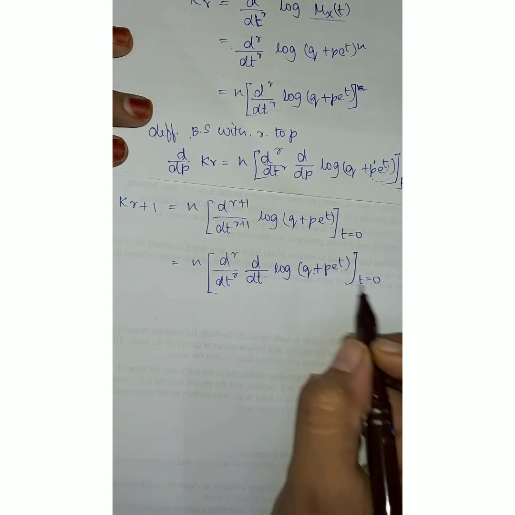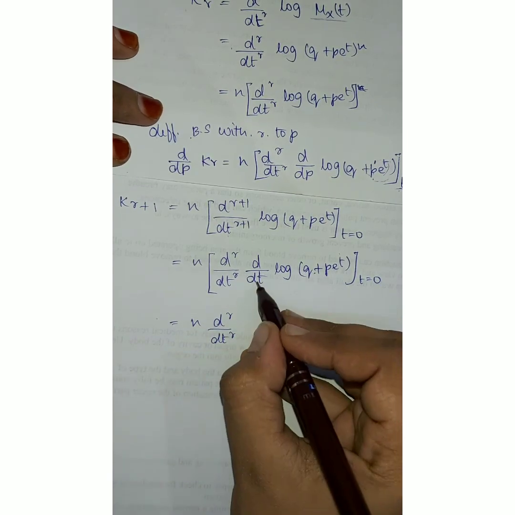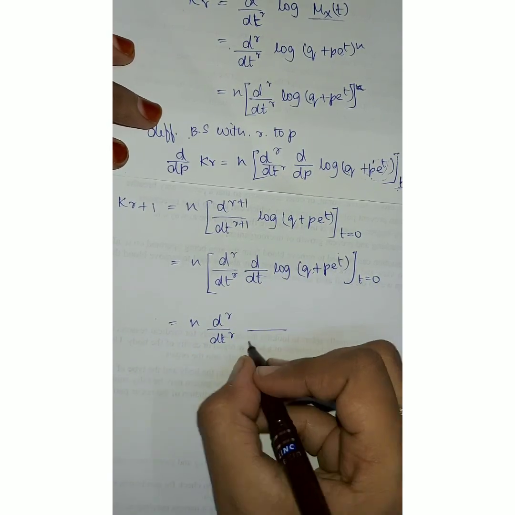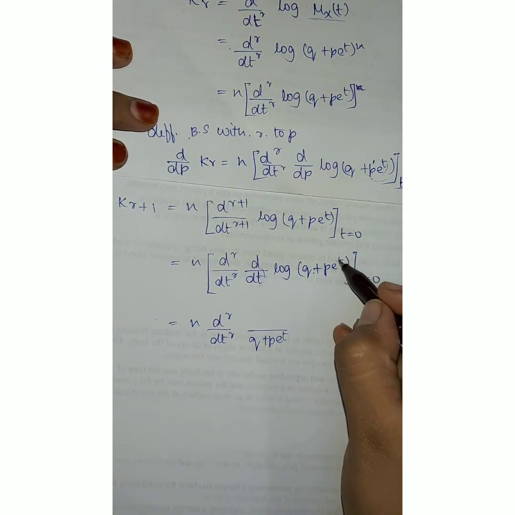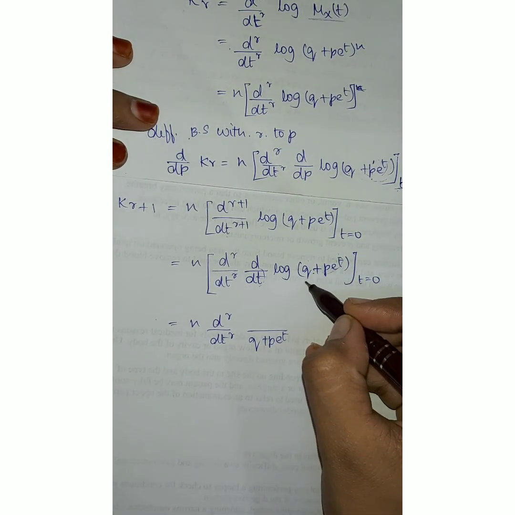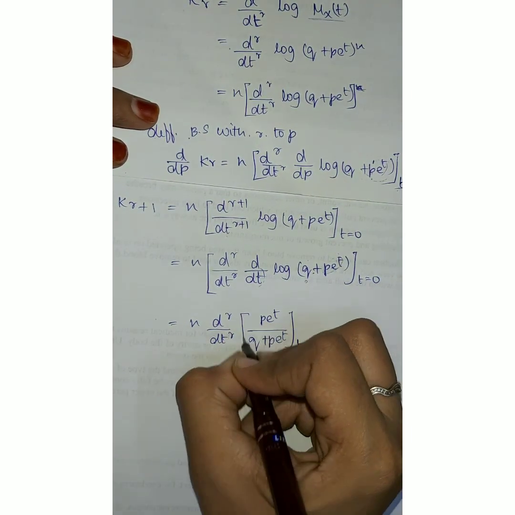Differentiating this gives you n into d power r by dt power r. Differentiating log of q plus p e power t gives you 1 by q plus p e power t. Then differentiating with t, q becomes 0 and p e power t remains as such.